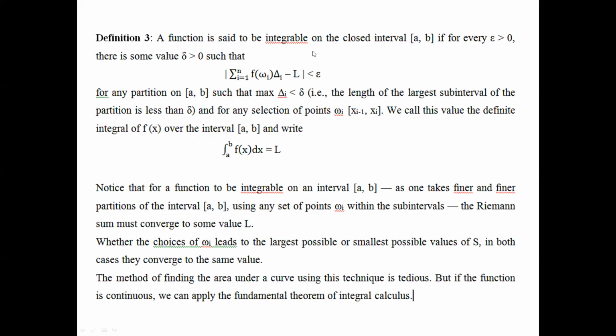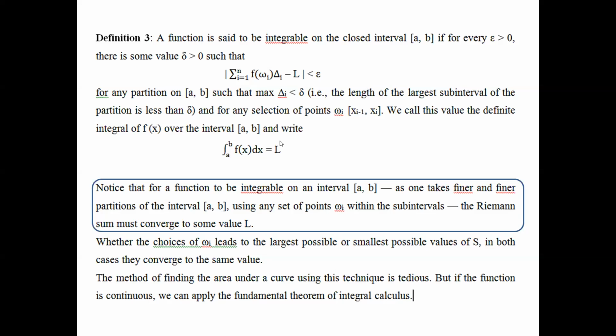Now over here, I've written a lot, but if you focus on the essential, what it basically means is that suppose you have a bounded closed interval, a to b. In that case, you can find out the Riemann sum simply by using this. This line is important and this result is important.